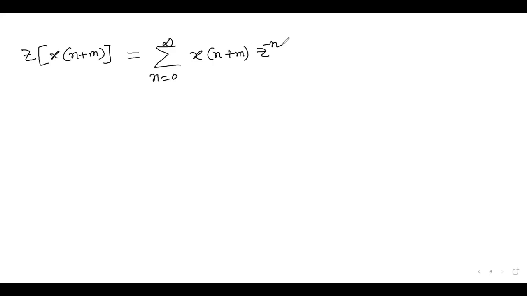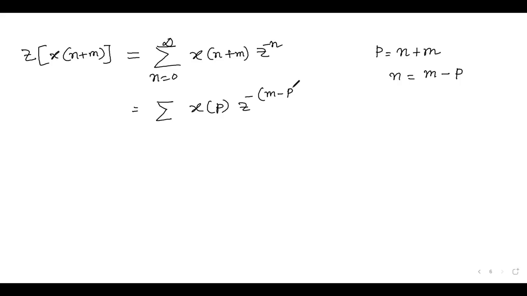This is the first principle. Now consider a variable p which is equal to n plus m. That means this is equal to x(p), because n plus m equals p, and n equals p minus m. That means this is z to the power minus (p minus m).